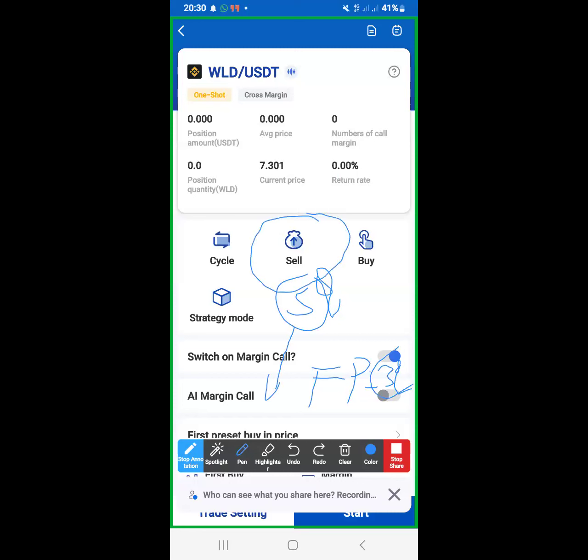You tap on the sell icon, and then depending on what your strategy mode is, if it is in the wall warehouse, you can determine the percentage of the coins you wish to sell. Do you want to sell all, or 50%, or 75%?